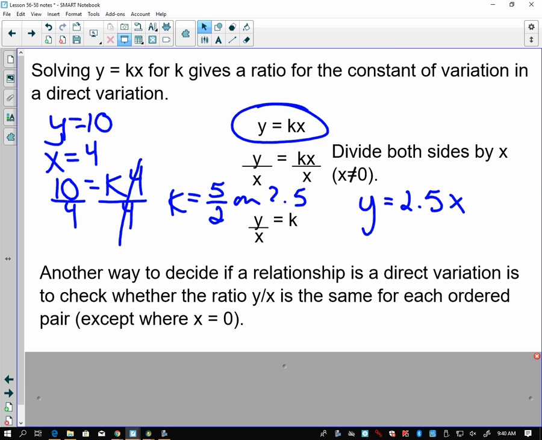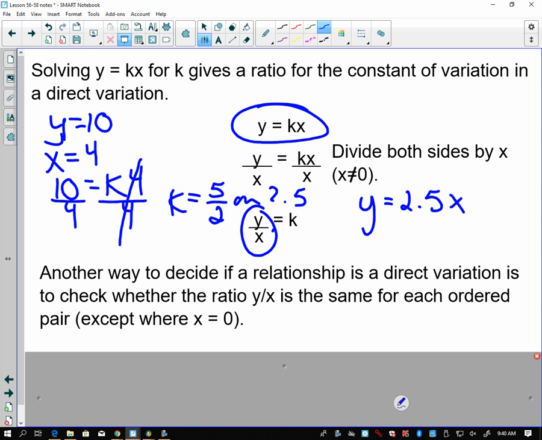Another way to decide if a relationship is a direct variation is to check whether the ratio y over x is the same for each ordered pair, except where x equals 0. So we might be looking at a graph. We want to see, am I getting that same ratio? Am I getting 5 over 2?